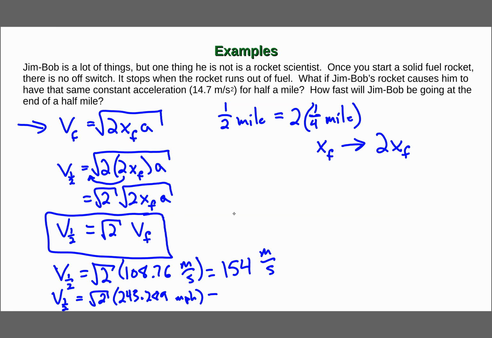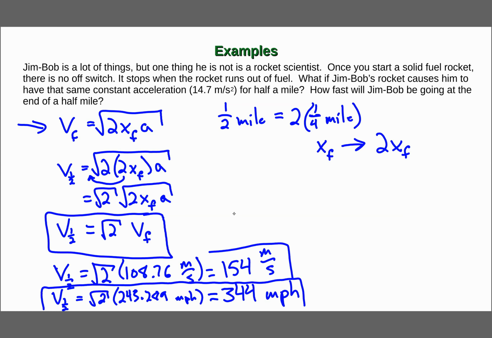And this one gives us a speed at the end of the half mile of 344 miles per hour. And physically, what these speeds tell us is basically Jim Bob's car is probably going to be coming out of the seams long before he gets to a half mile if he's got a rocket that can put this kind of acceleration on his car.